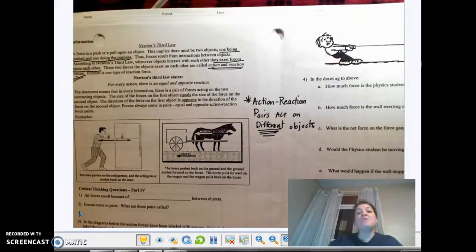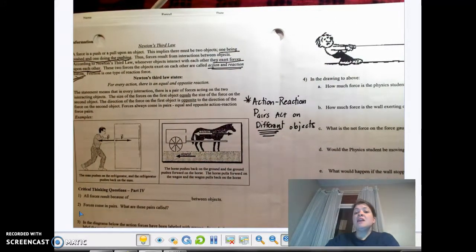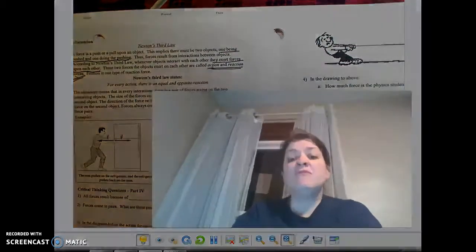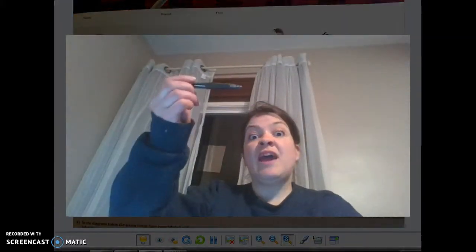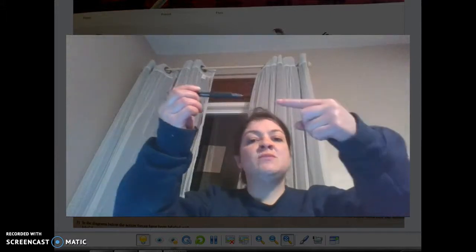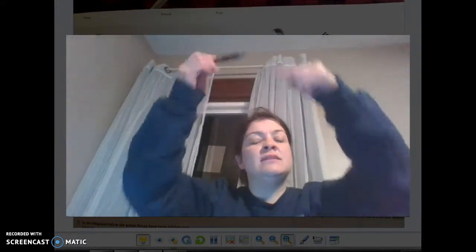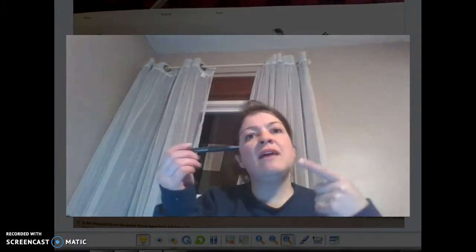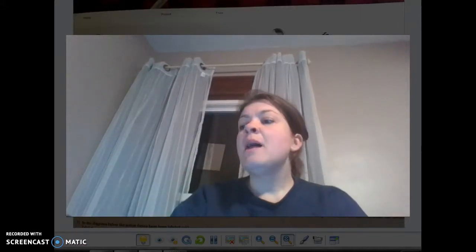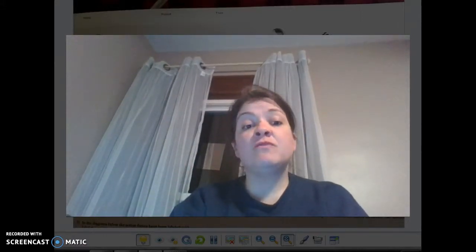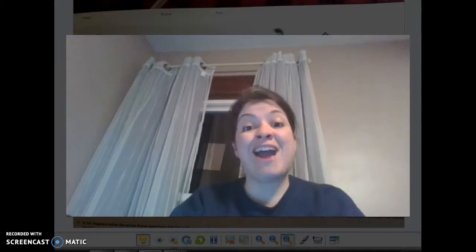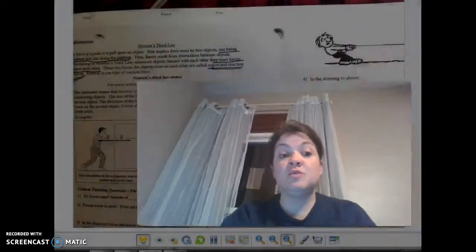And that's the key right there. Because if we had 5 newtons this way acting on this, and then 5 newtons this way acting on this, well, they're both acting on the same object, and so you would have a net force of 0. But with action-reaction forces, we have something different because they're actually acting on different objects, which is really important.